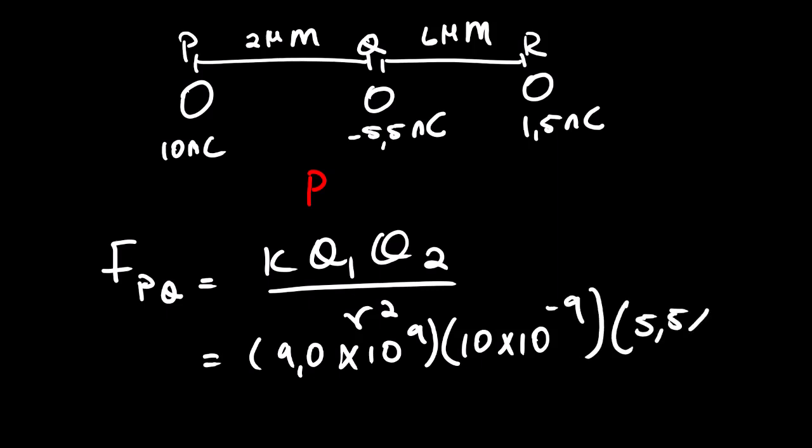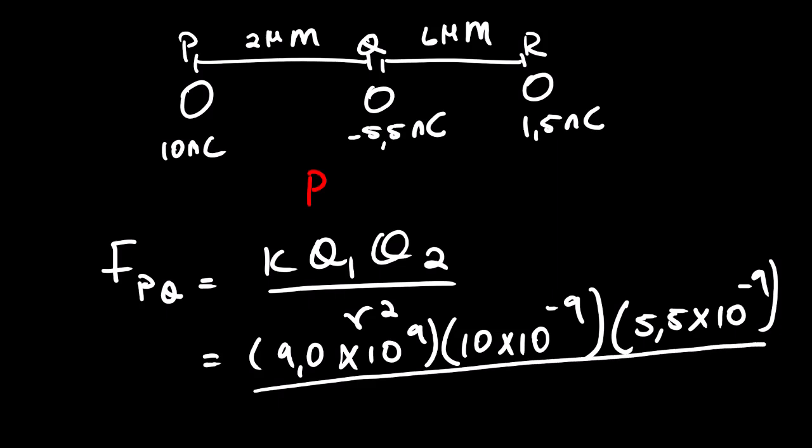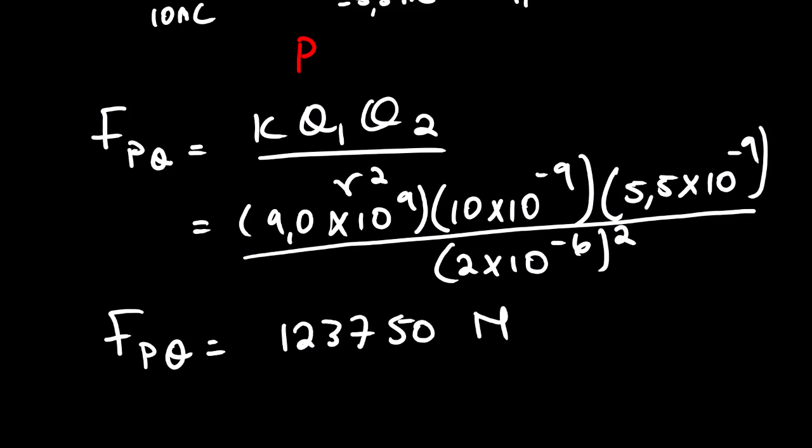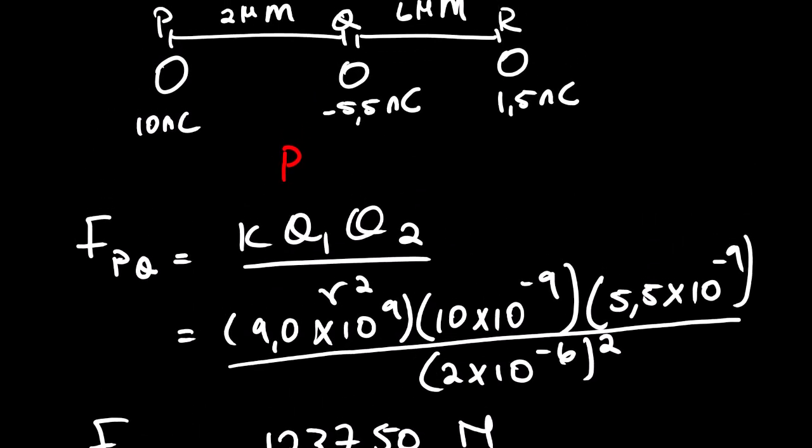Q2 is 5.5 times 10 to the power negative 9. And then our distance is 2 times 10 to the power negative 6, squared. Our electrostatic force of PQ is 123,750 newtons. Let us figure out the direction. Remember, we are focusing on P due to Q, so we make sure that Q doesn't move. Since we have positive and negative, the direction of P will be to the right.